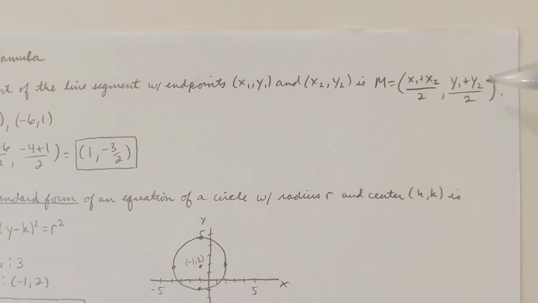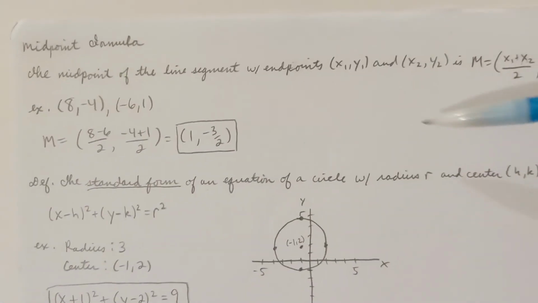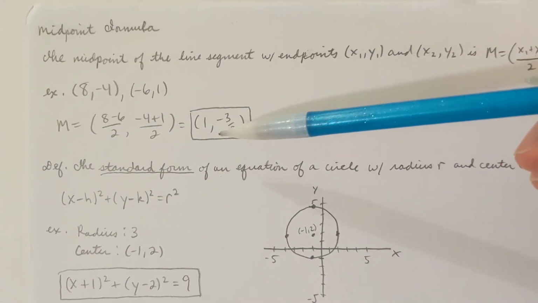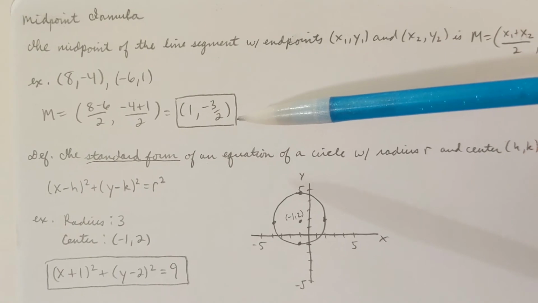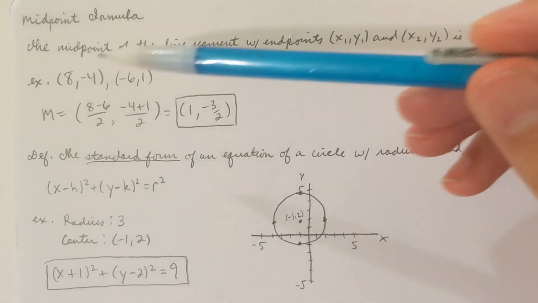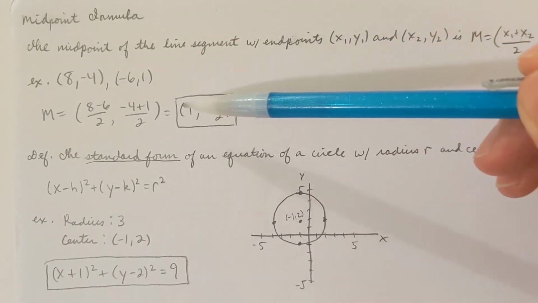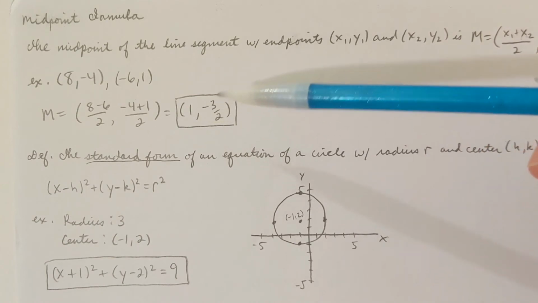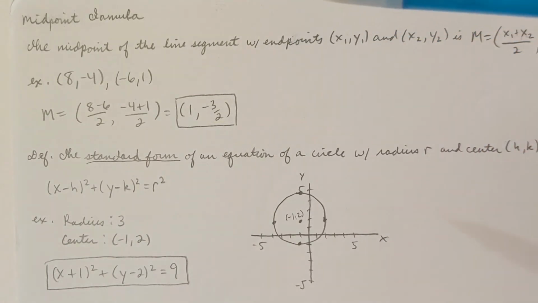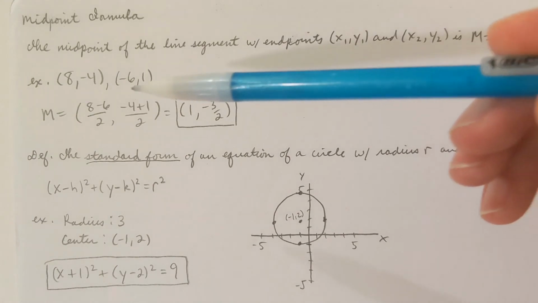Make sure this is written as a point and not just two x values or two xy values. I see students sometimes won't have the parentheses that's needed for any point that you'd be describing.